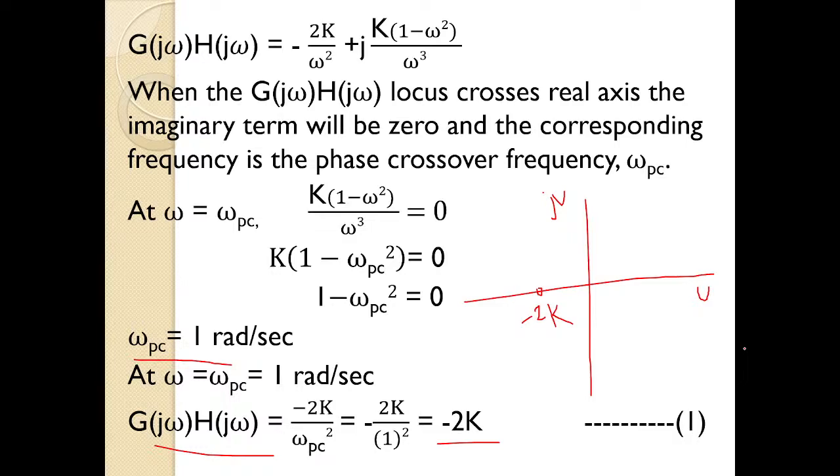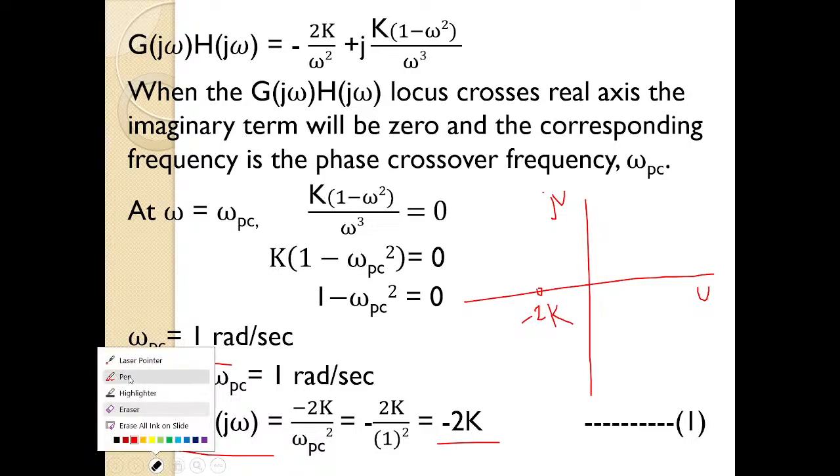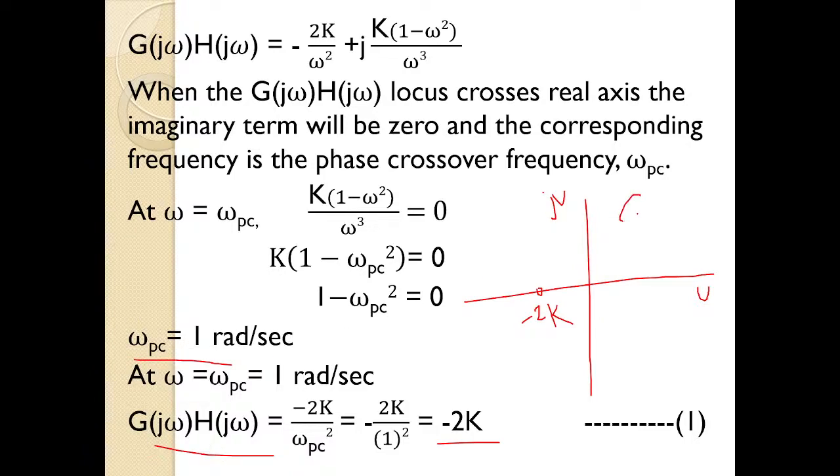Just draw the G of s H of s plane. Just locate this point on the G of s H of s plane. This is what happens if I press my cursor hardly, a line appears.